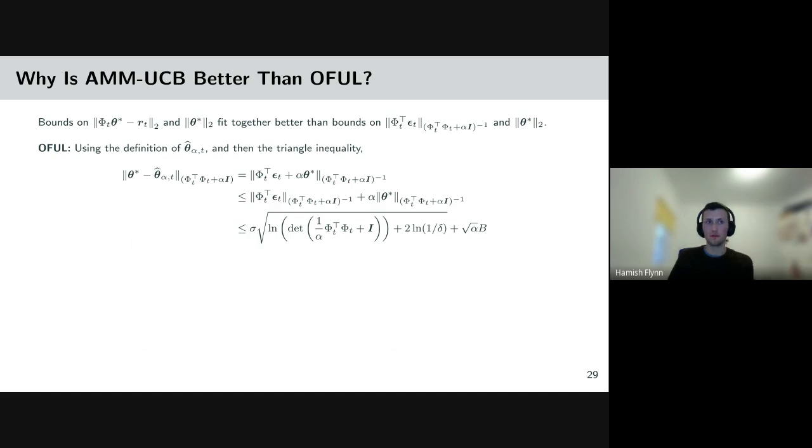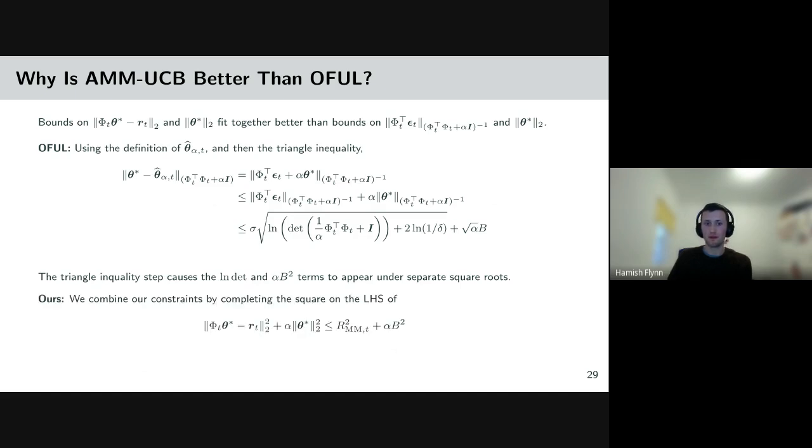And this leaves us with two terms that we know how to upper bound. And it's this triangle inequality step that causes the log determinant and the B squared terms to appear under separate square roots. And in contrast, we combined our two constraints by taking a weighted sum and then completing the square, which seems to introduce less looseness.